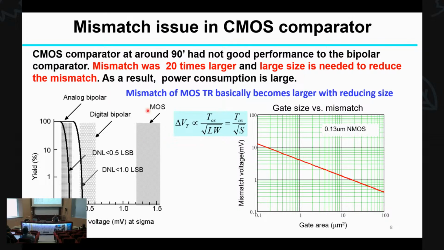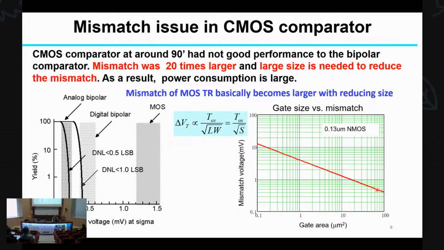However, MOS mismatch is 2 times larger, and a large size is needed to reduce the mismatch. This is a very fundamental nature of CMOS. This is mismatch voltage, and this is gate area. So if we use a small gate area to reduce the power, this results in an increase of the mismatch.